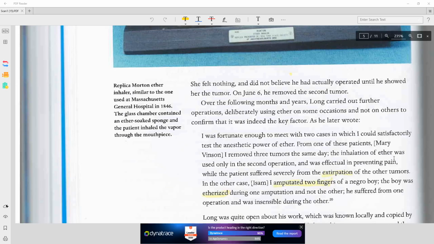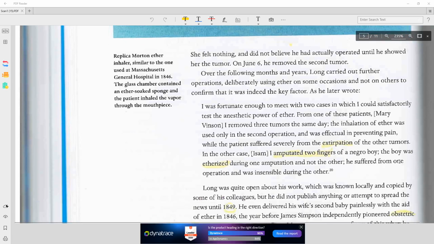She felt nothing and did not believe he had actually operated until he showed her the tumor. On June the 6th, he removed the second tumor. Over the following months and years, Long carried out further operations, deliberately using ether on some occasions and not on others, to confirm that it was indeed the key factor.